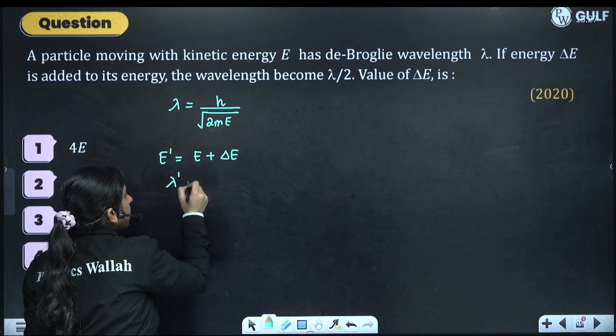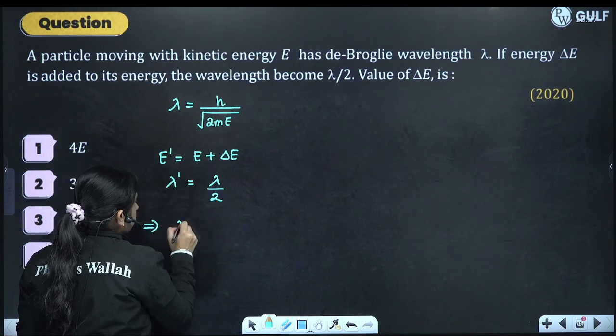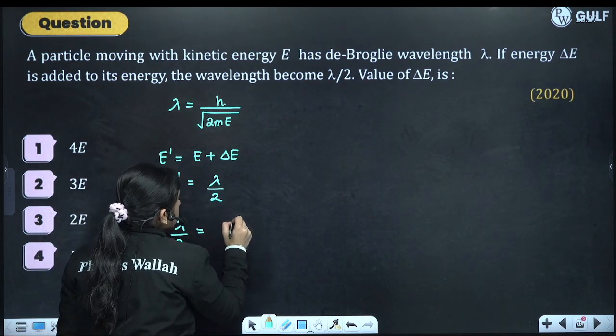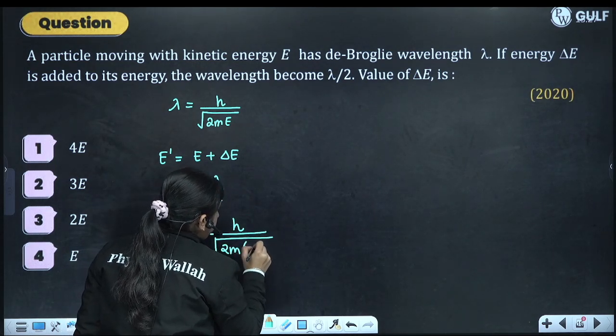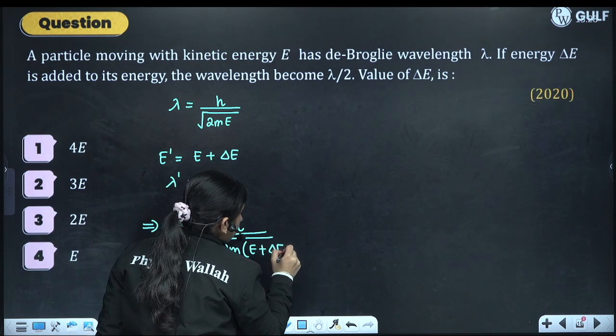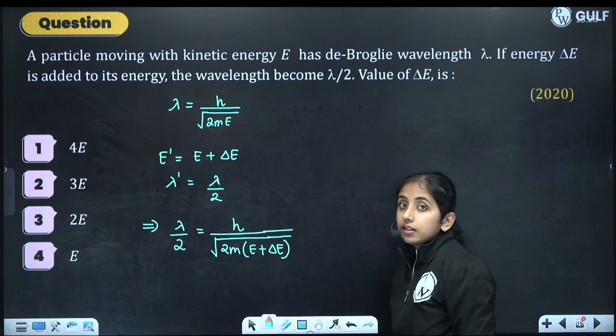Okay, wavelength becomes lambda by 2. So from here we will get lambda by 2 must be equal to h by under root of 2m into (E plus delta E). Now the energy is E plus delta E, and the wavelength is lambda by 2.